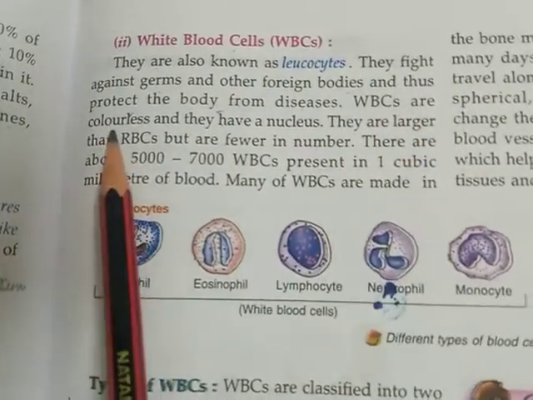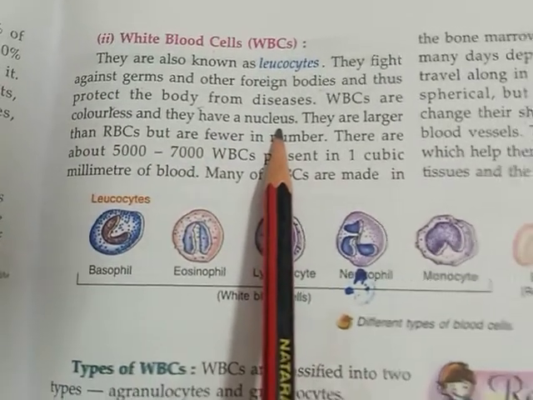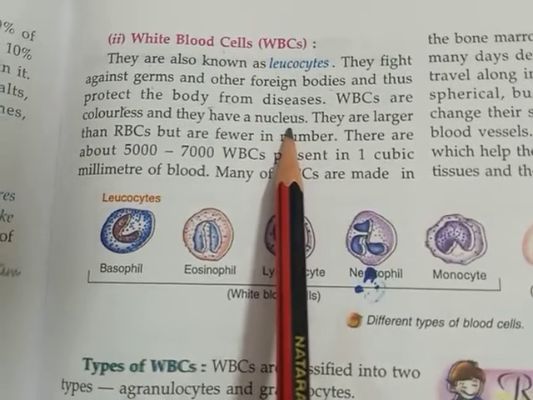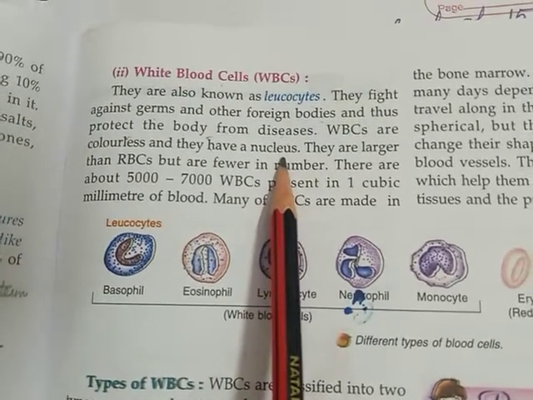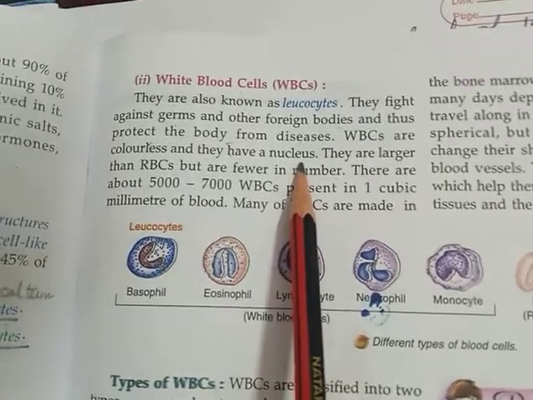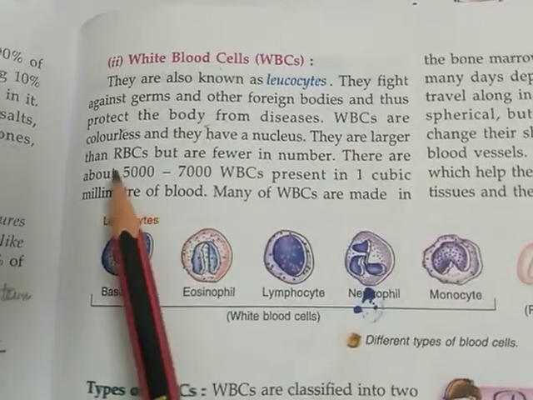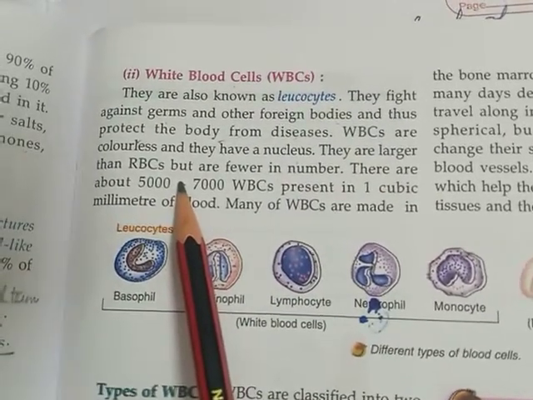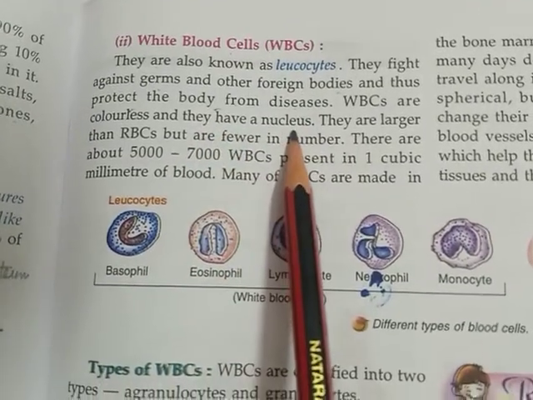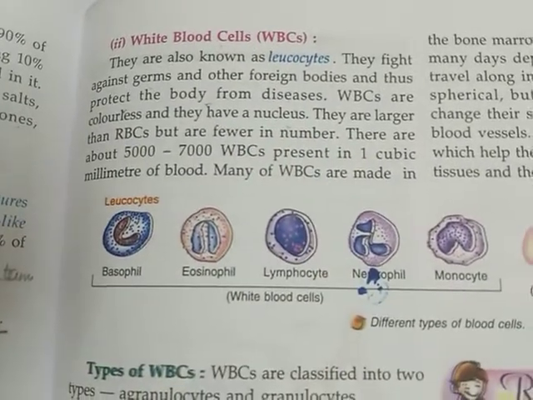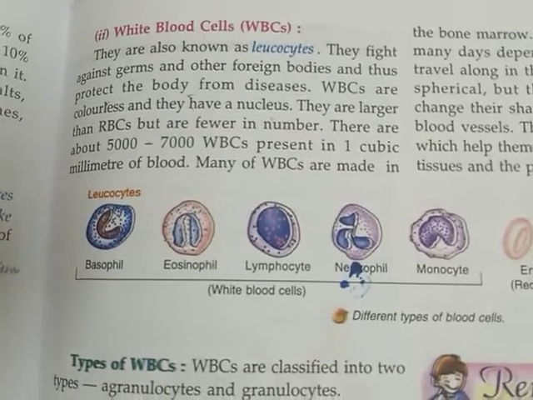WBCs are colorless and they have a nucleus. You have seen that red blood cells are red in color because of the hemoglobin, which has iron. Now, WBCs are colorless, as their name suggests, white blood cells, and they have a nucleus. Mature red blood cells are denucleated, they do not have a nucleus.